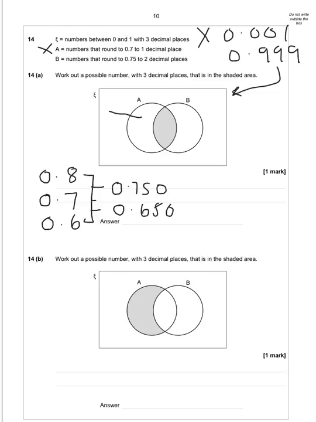So set A in here can be 0.750 maximum, starting at 0.650. But I have to be careful, because in truth 0.750 can round up to 0.8.